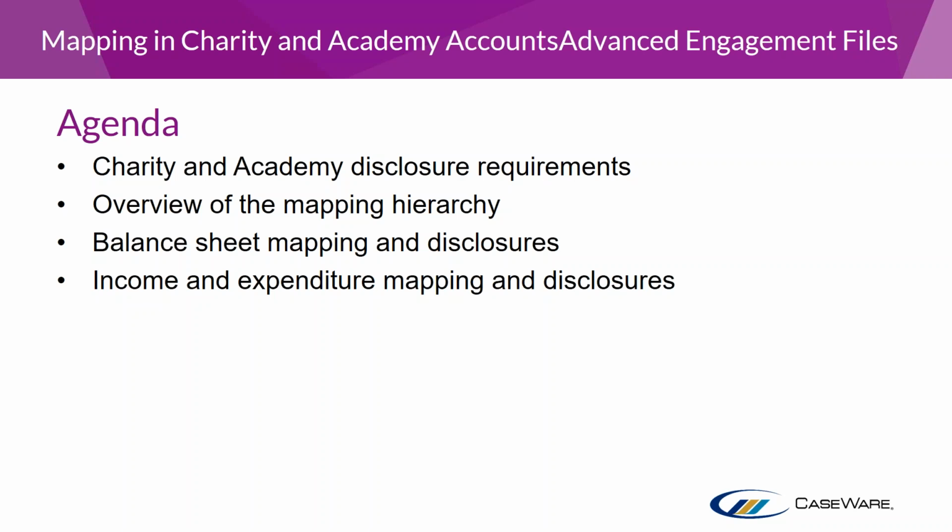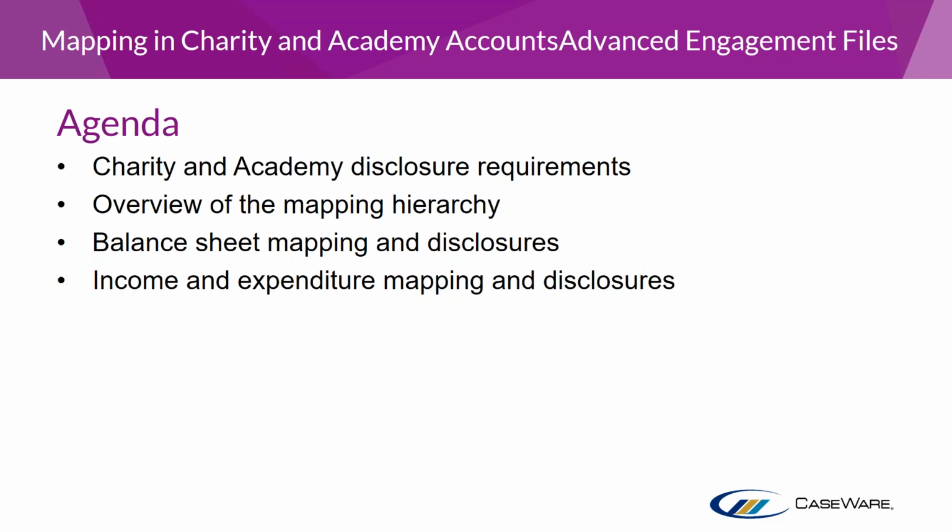We'll have a brief overview of a set of accounts for a charity to see what those elements are. Once we've done that, we can dive in and look at the specifics of the mapping hierarchy, starting with a general overview of how it looks at a top level. Then we can look at the more specific disclosures.